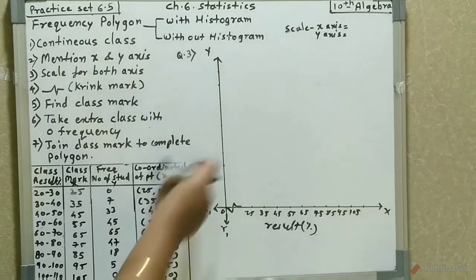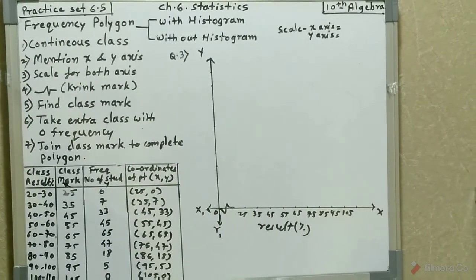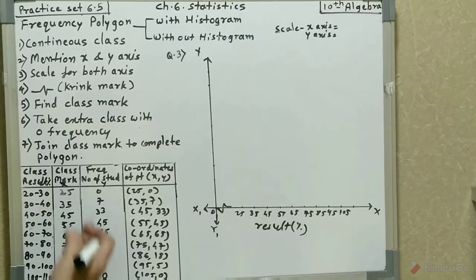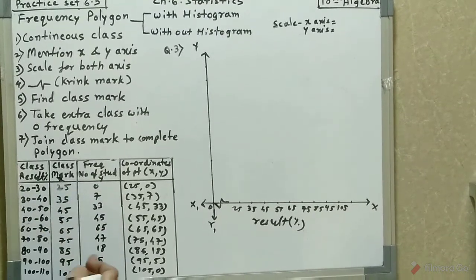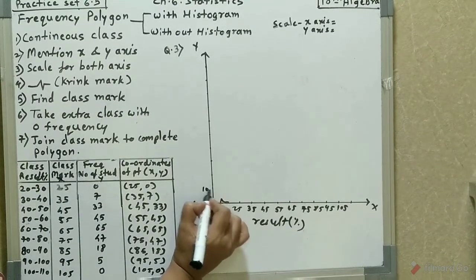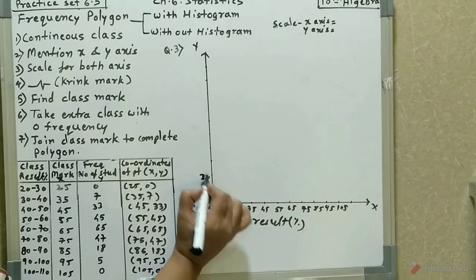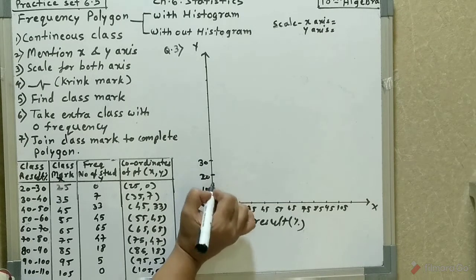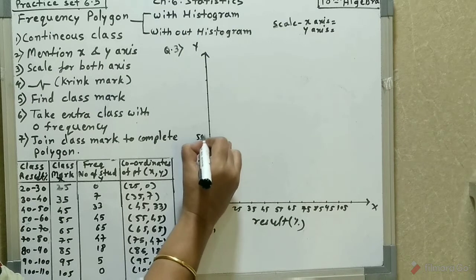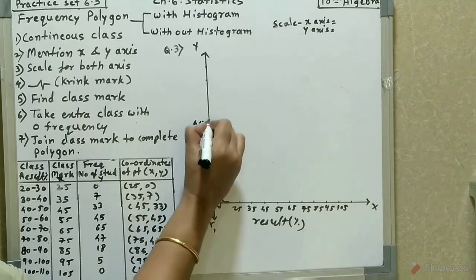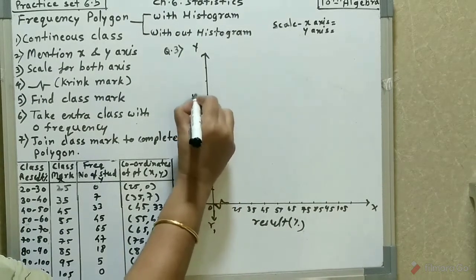Now on the y-axis the scale is the number of students. The highest frequency is 65, so we take a difference of 10. Here we write 10, 20, 30, 40, 50, 60, 70, 80.